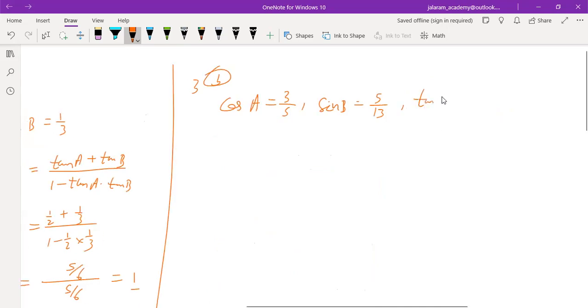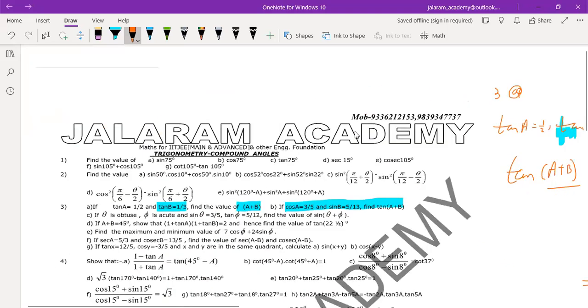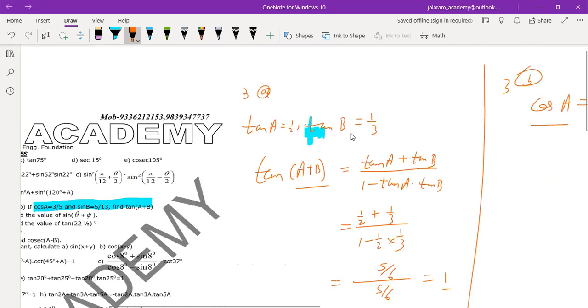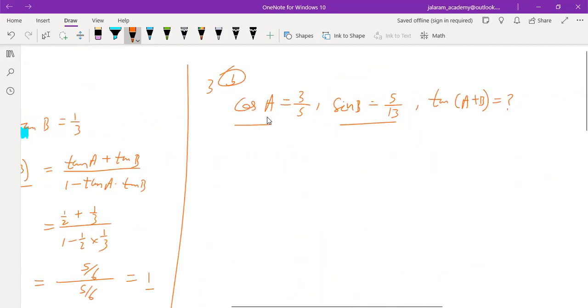This time we have to find tan(A plus B). But what is given to us? Cos A is given and sin B is given, and nothing is given about A and B. It means we don't know whether they are lying in the first, second, third or fourth quadrant. So we have to take different cases for this.